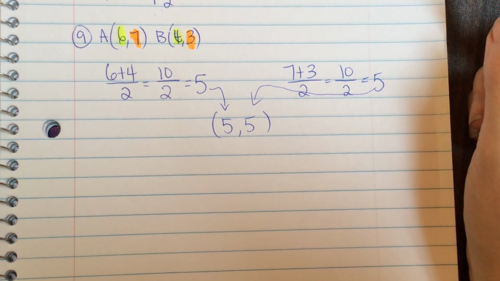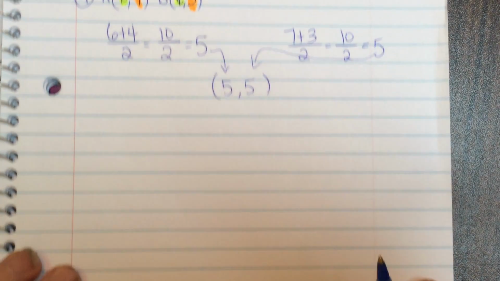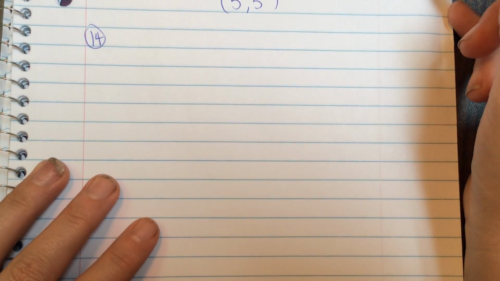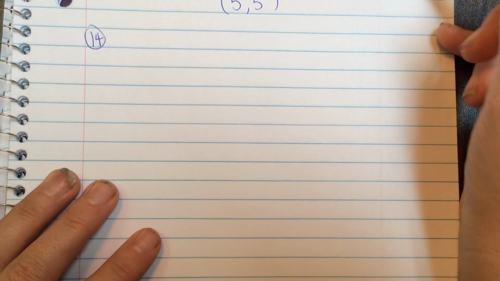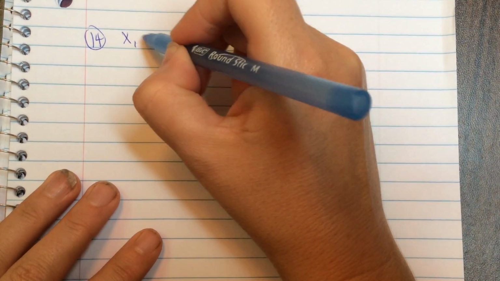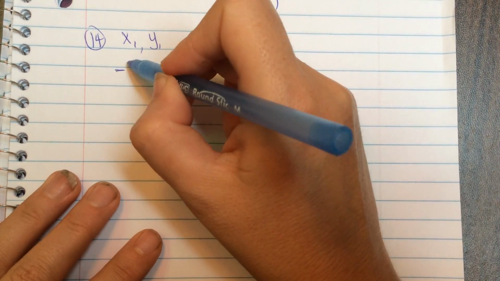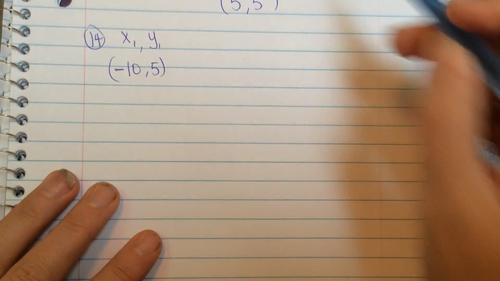All right, let's move on to number 14. Okay, so they tell us the first coordinate. So let's call it x1, y1. And they say it's -10, 5.